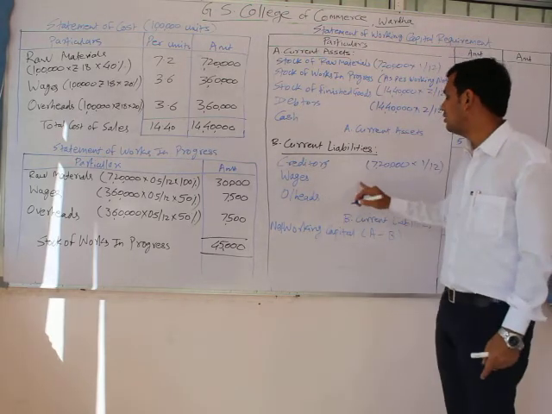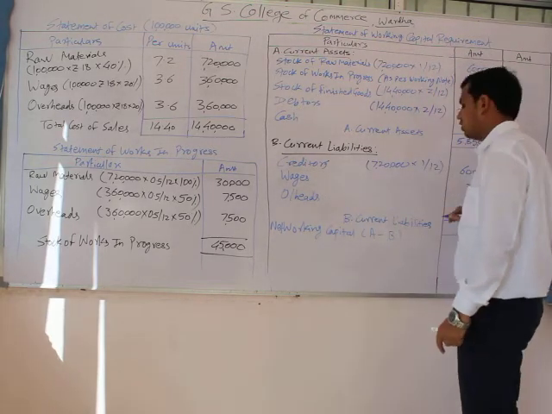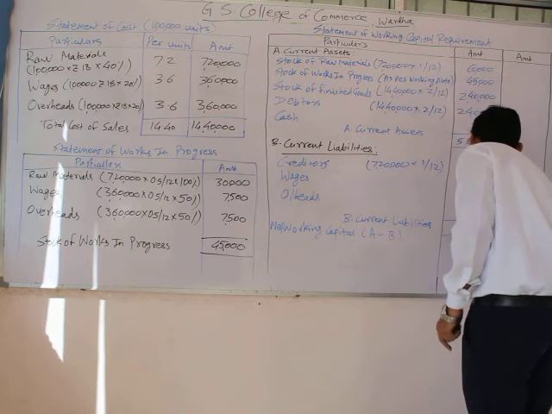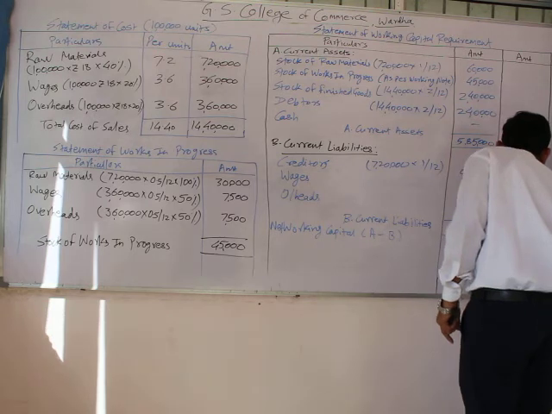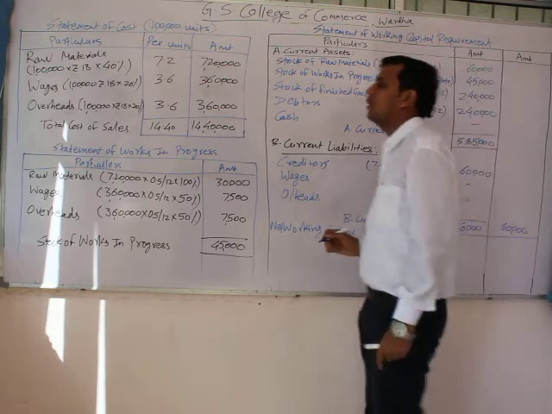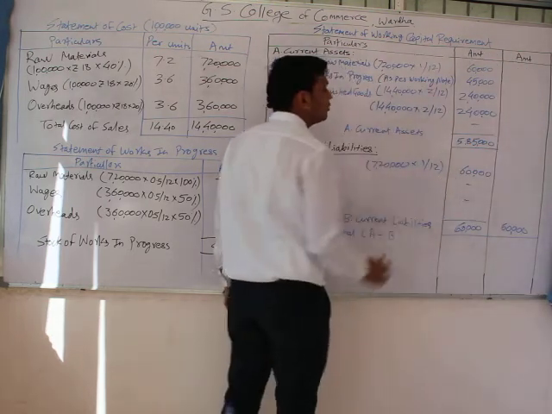With regard to wages and overheads, no information is given in the question, hence it would be assumed that they are being paid in cash. Therefore, total current liabilities would amount to rupees only 60,000.